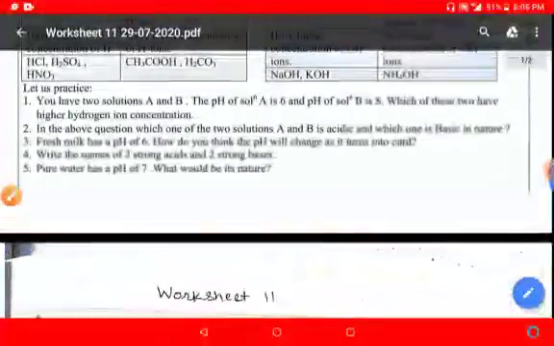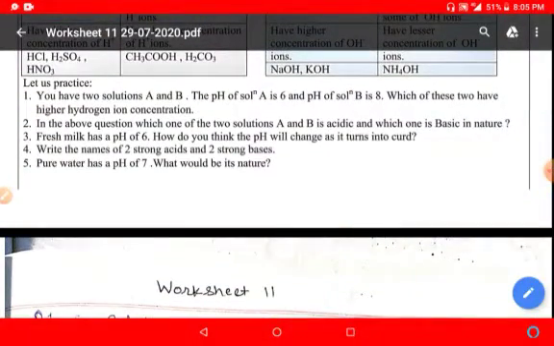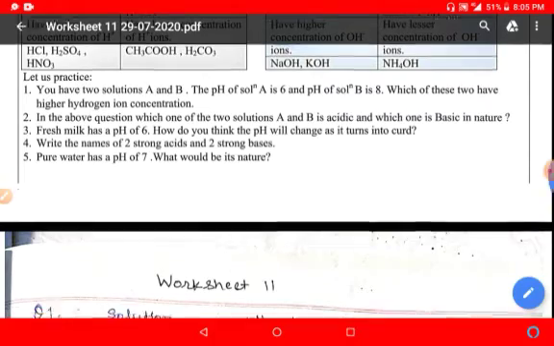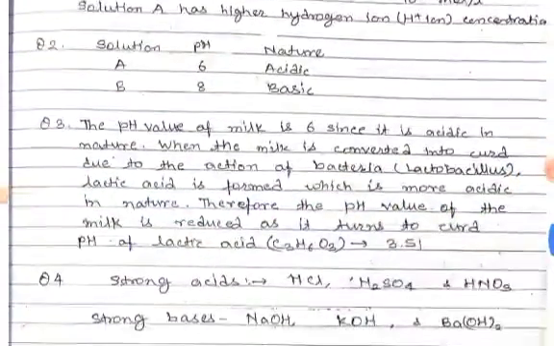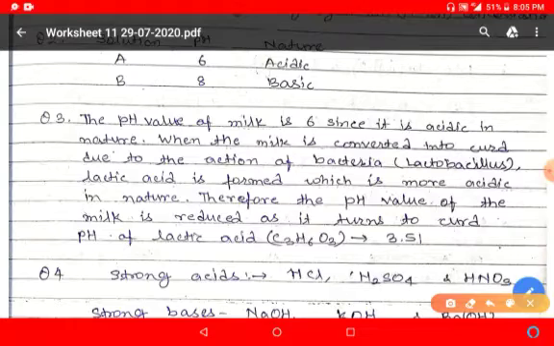And the third question: fresh milk has the pH 6. How do you think the pH will change as it turns into curd? For this answer, the pH value of the milk is 6, so it is acidic in nature because it is less than 7.